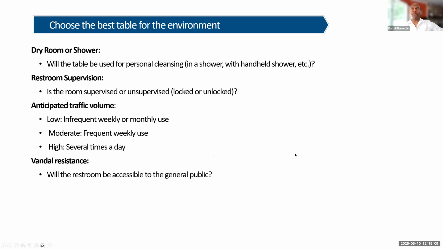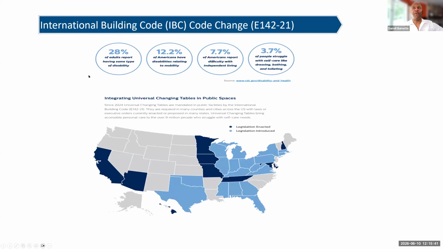Looking at the environment, the first question I usually ask is, will it be in a dry room or a shower? Because there are specific shower change tables that can literally be inside the shower while the shower is going. And there are some that are for dry rooms where they're not meant to be in the shower. So you definitely have to know what type of environment it is. When I first started in the US, because Pressalit is based in Denmark, I asked if it were in a dry room or a wet room.